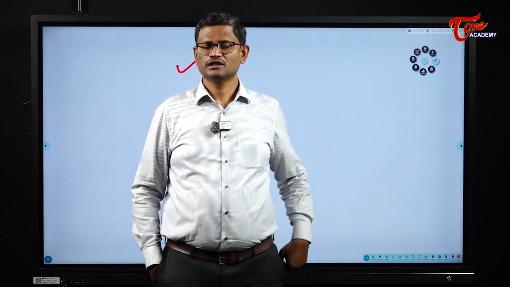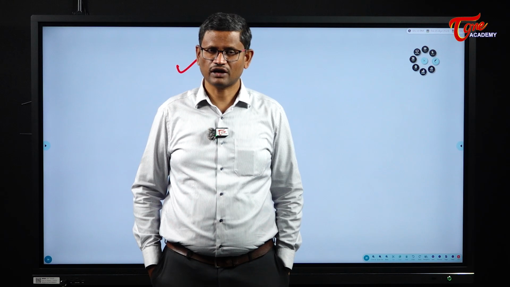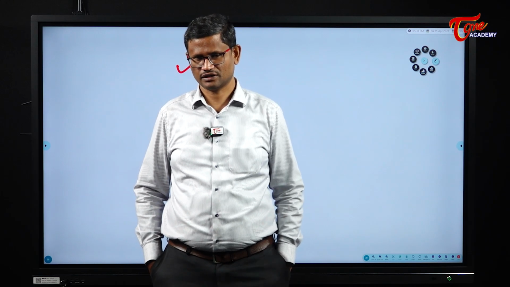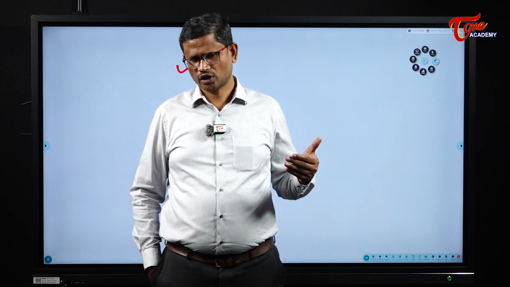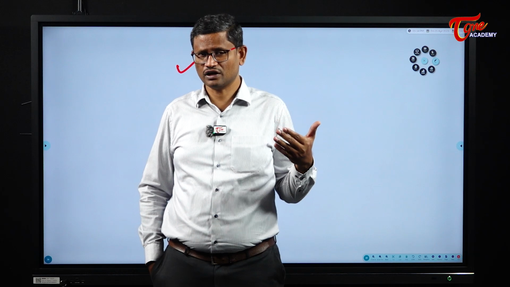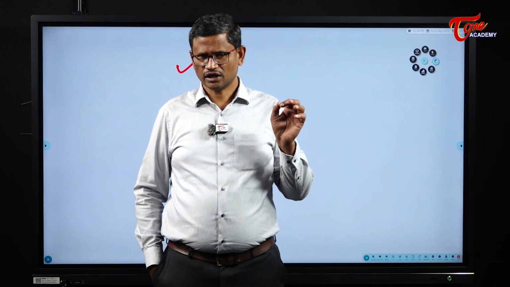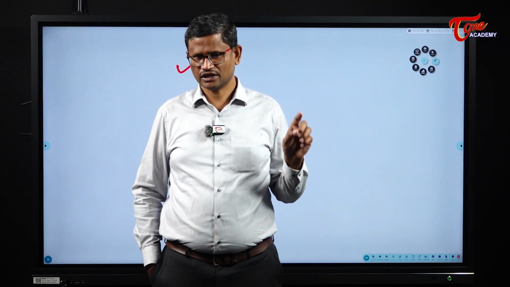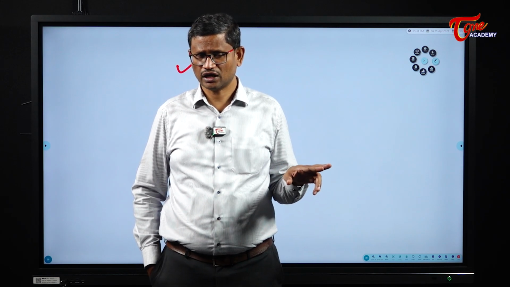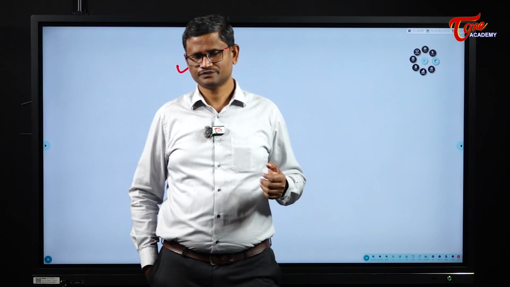The fourth option is that there are certain categories of bills which the governor can reserve for the consideration of the president. Soli Sorabji, in one of his books, has laid down the kinds of bills which the governor can reserve. Under Article 200, what are these bills?